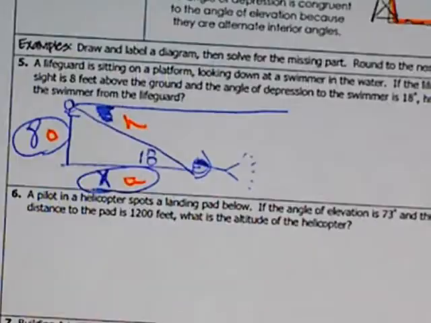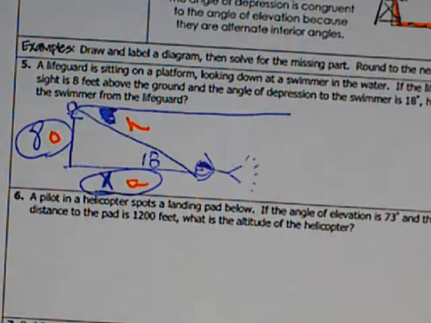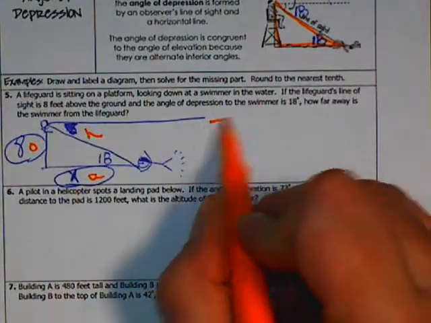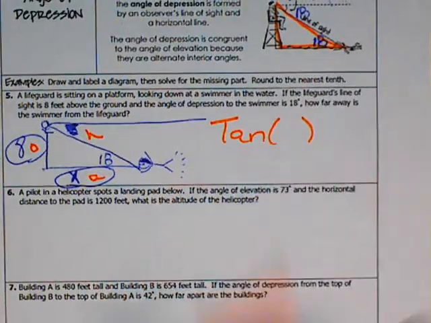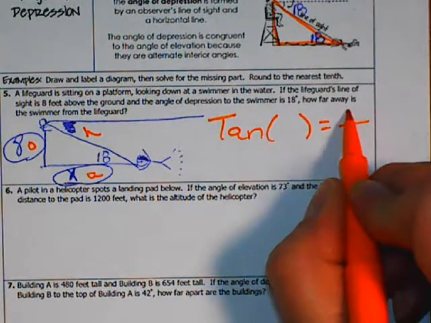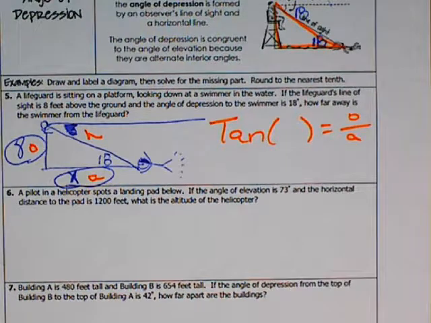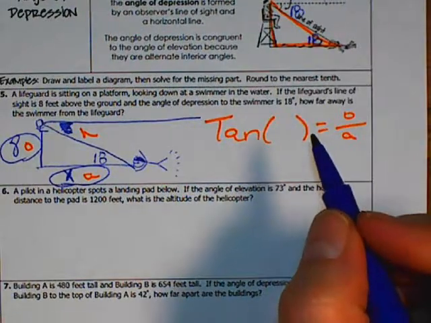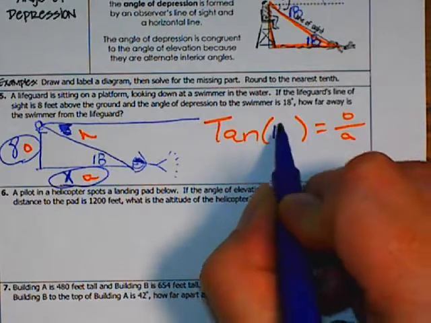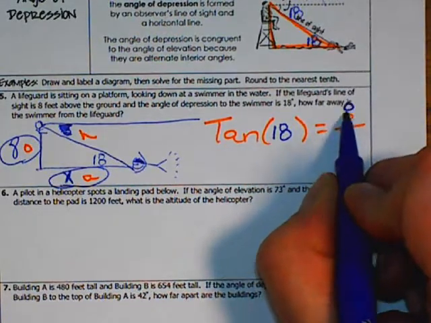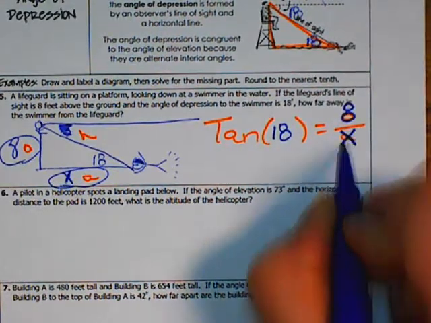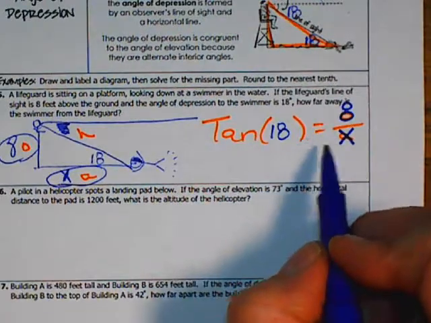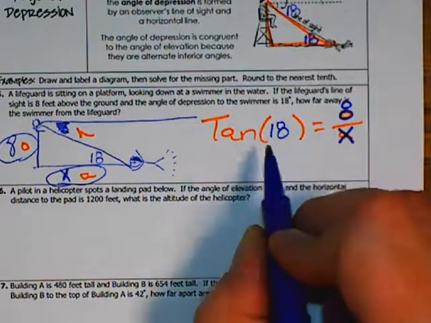So, my oh my, what a shock. What are we using? Tangent. I like my little swimmer dude. Alright, so we're using tangent. Tangent of the angle equals opposite over adjacent. So for the angle we used 18, opposite is 8, adjacent is X. What do we do when there's an X on the bottom?